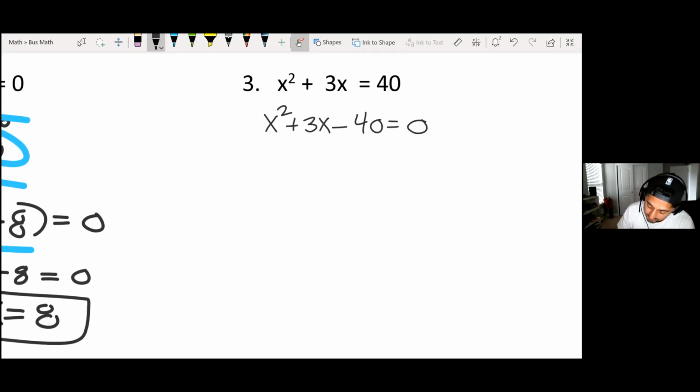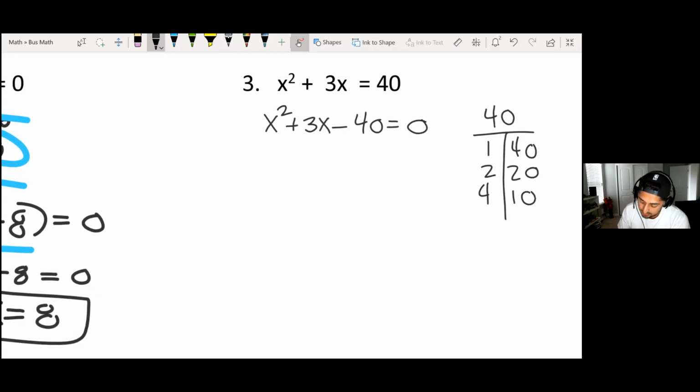So you can make your list of factors of 40: 1 and 40, 2 and 20, 4 and 10, and 5 and 8. That should be it. Now which of these factors can get us to 3? Definitely not 1 and 40. Definitely not 2 and 20. 4 and 10 gives me 14 or 6, so 5 and 8 is going to be the winner.